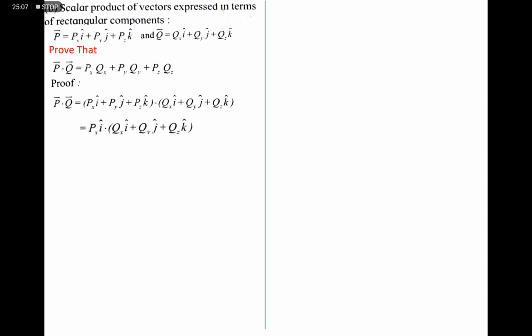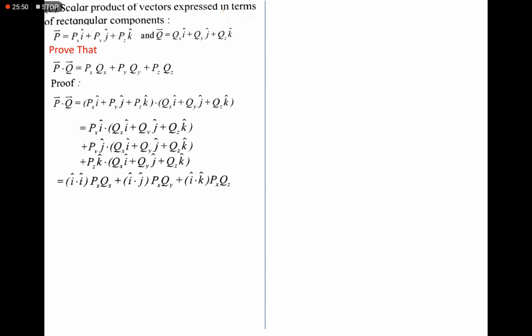Px i bar is the first component of the first bracket, and it multiplies to the second bracket. Similarly, we'll write the second component of the first bracket to the second bracket, and the third term to the second bracket. So simple multiplication is there. Px and Qx are the components, and i bar, j bar, k bar are the unit vectors along the x-axis, y-axis, z-axis.